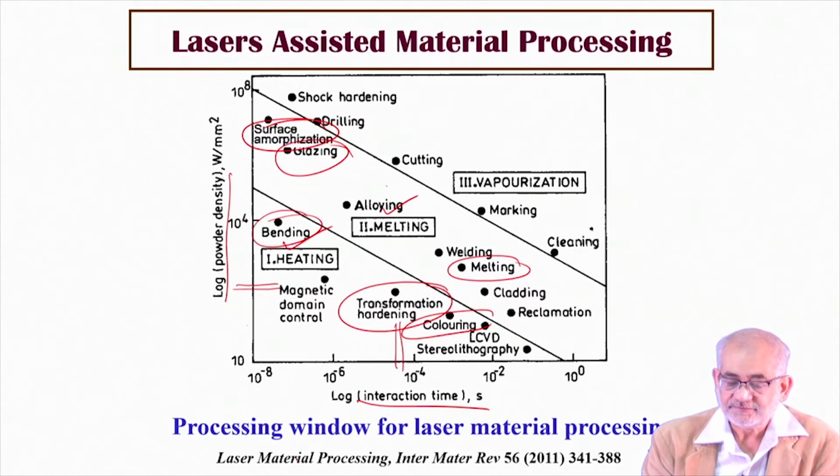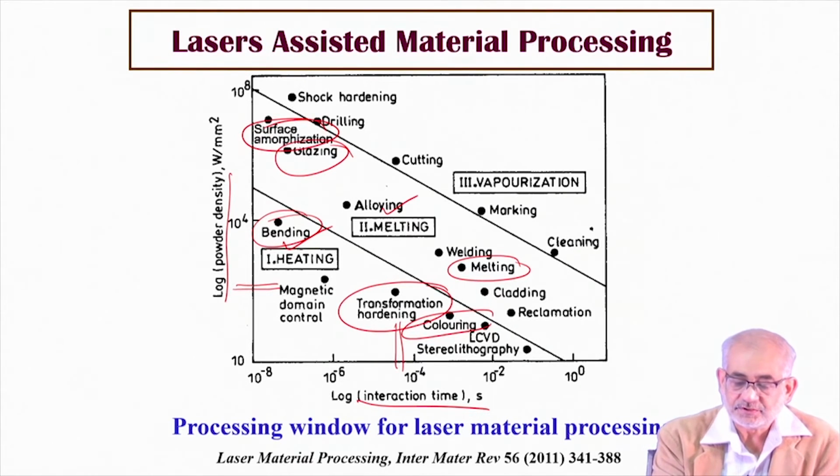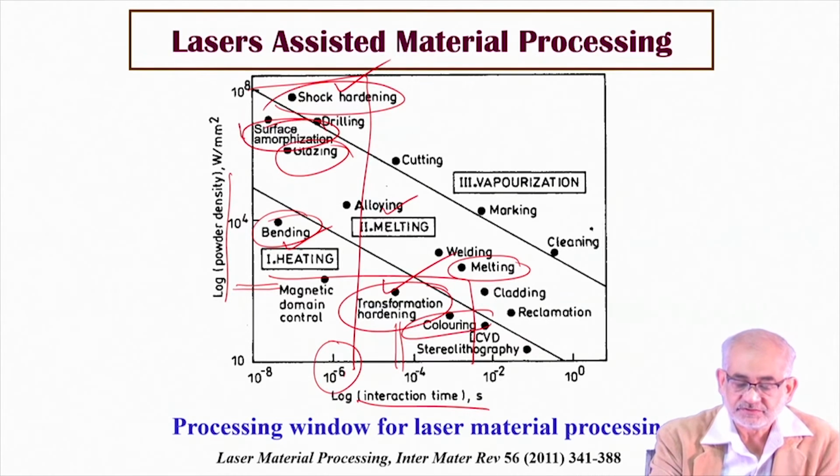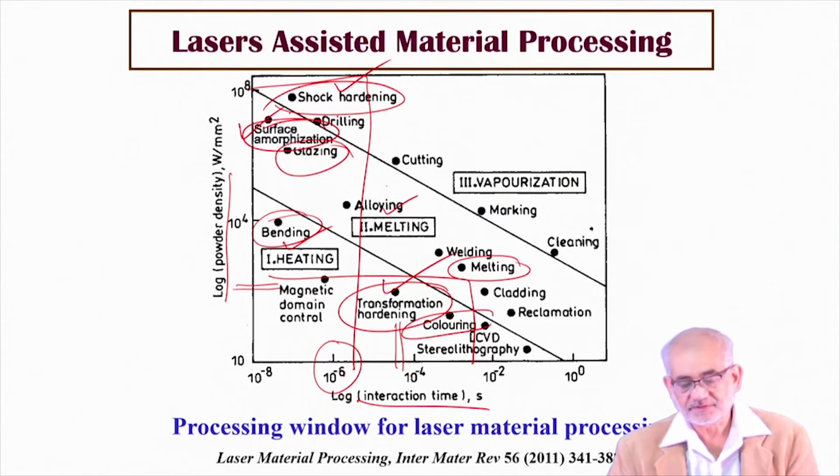On the other hand, if you want shock hardening or shock peening, then you are talking about extremely high power density, but for a very short period of time. So then the domain is only this much, whereas for hardening we are talking about a domain like this. So just by controlling power density and interaction time, we can achieve either transformation hardening or shock hardening or even surface amorphization or various applications like that.